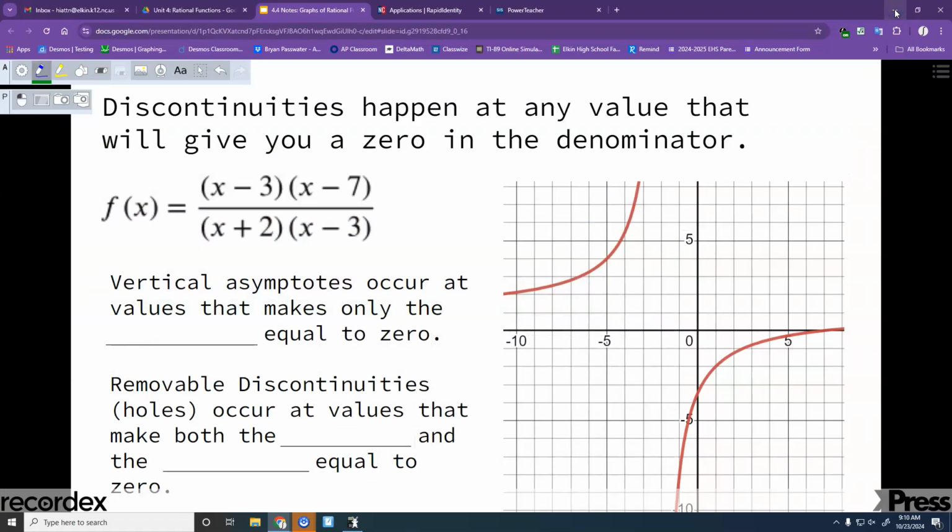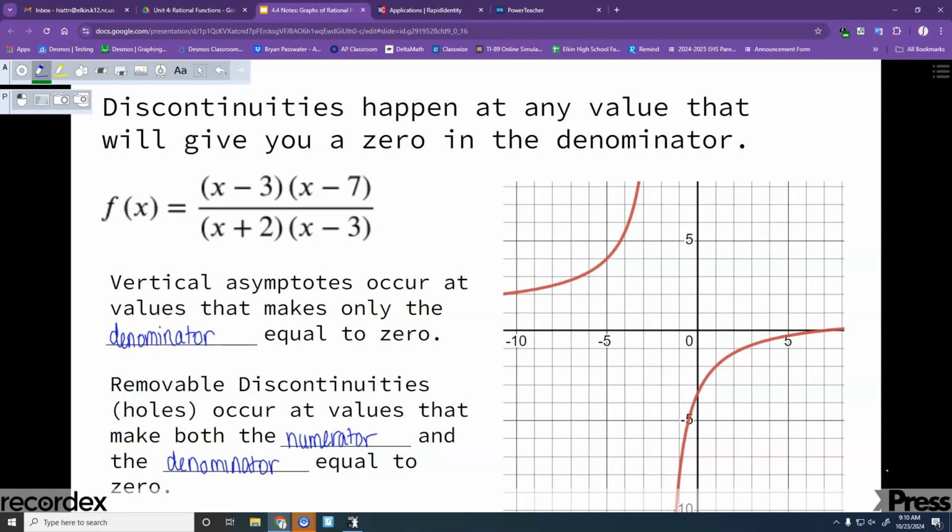So let's talk about what causes a hole, okay? Vertical asymptotes are going to occur at values that make only the denominator equal to 0. Removable discontinuities, or holes, occur at values that make both the numerator and the denominator 0.